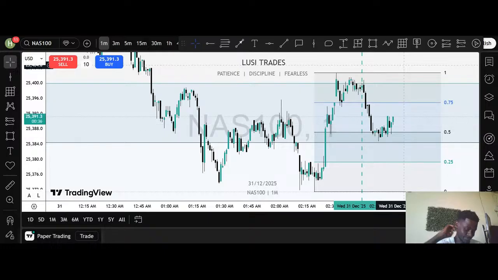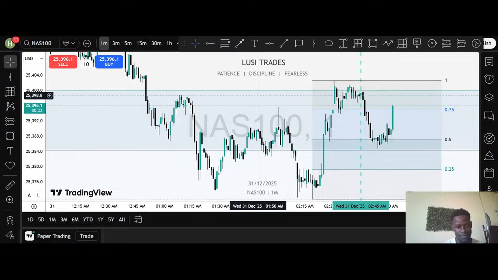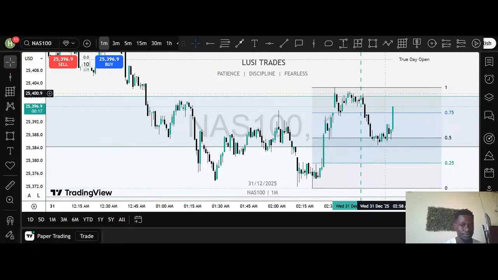So around the consequent encroachment of this range, we anticipate some form of consolidation, like we have seen there. So we want to see it push now higher. So close above this fair value gap here.